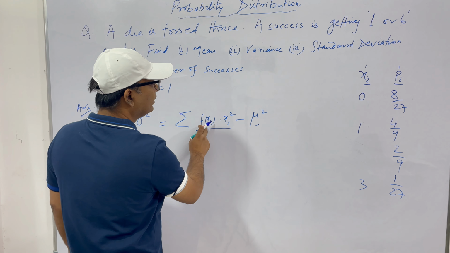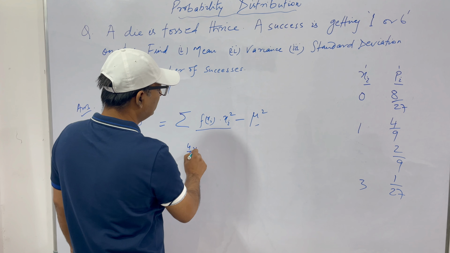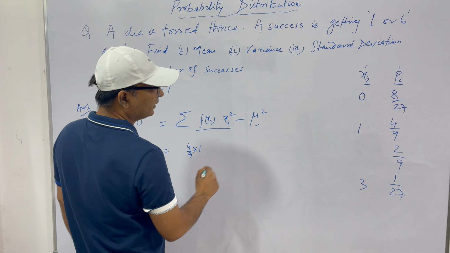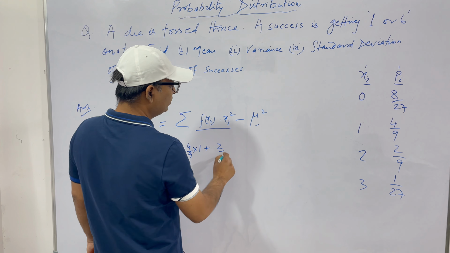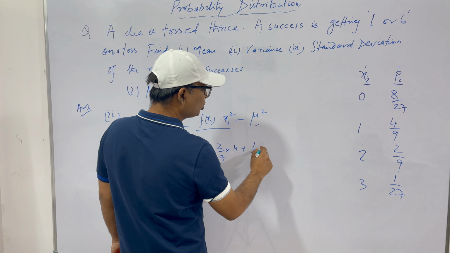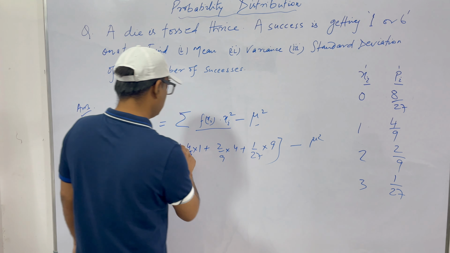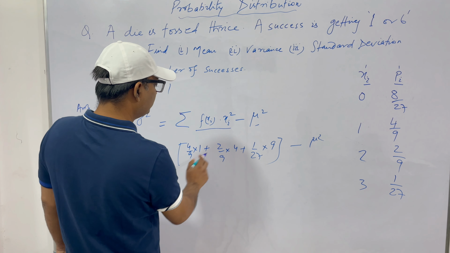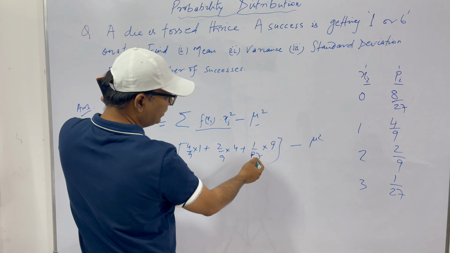Then pi is 4 by 9 into 1 square, plus 2 by 9 into 2 square, that is 4, plus 1 by 27 into 3 square, that is 9, minus mu square. So this will be 4 by 9, then 8 by 9, and then 3 by 9.